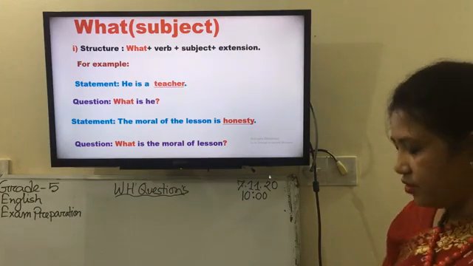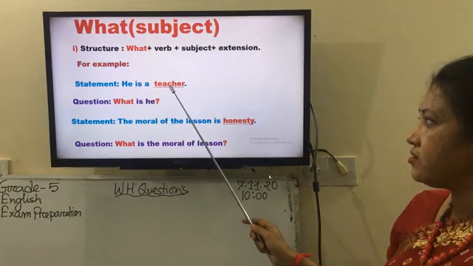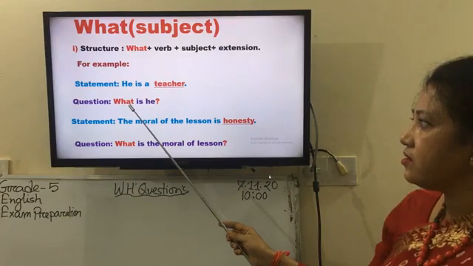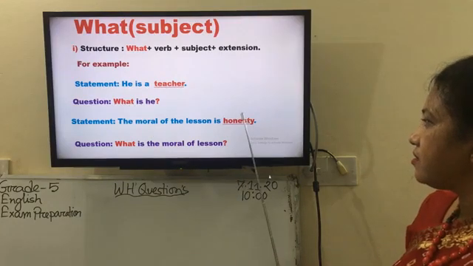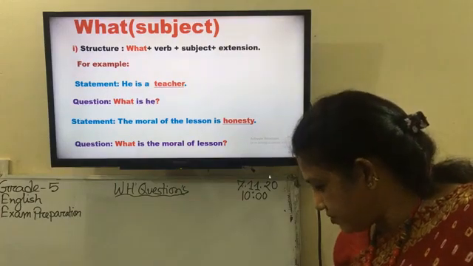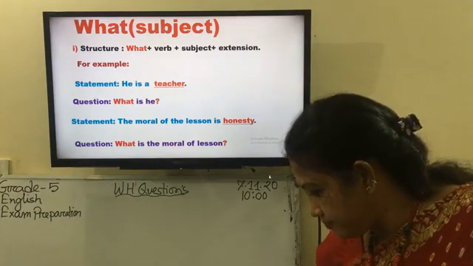Honesty. So here without subject, you write down what. This is the object. Sorry, this will be object, not subject.